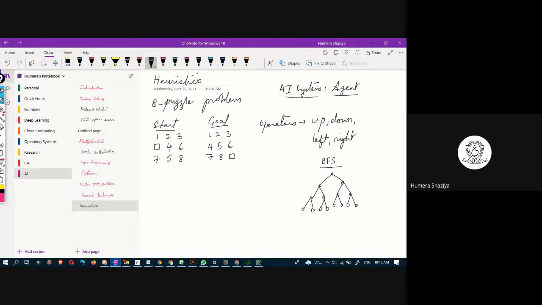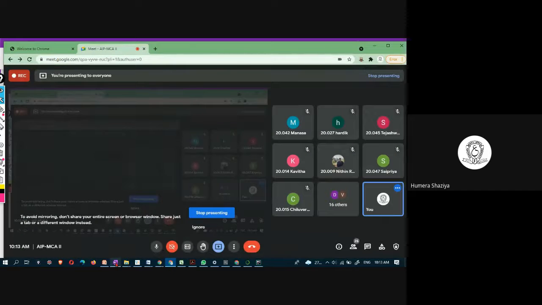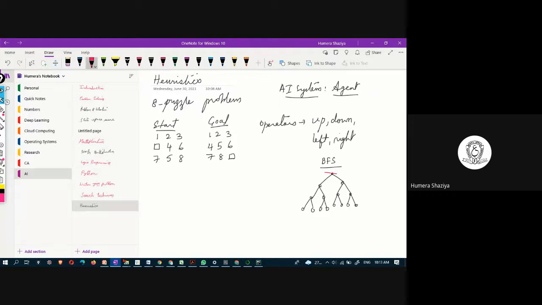If this is the tree given, you start with the root, expand its first successor, expand its second successor, further go to the first successor of the left child and expand it, then the right child, then the children of the right successor.